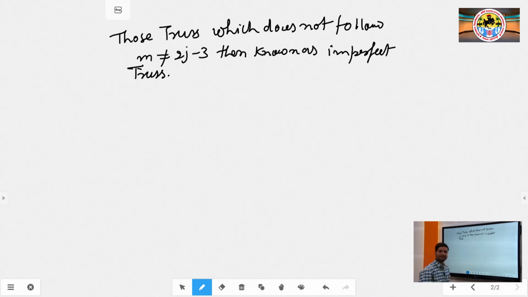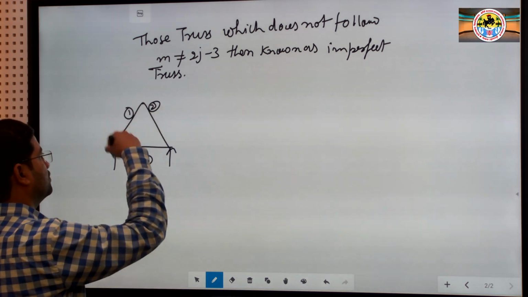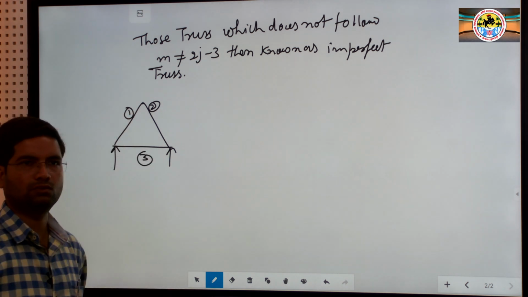So, let us take an example here. Suppose this is a truss which has a number of members. How will we identify the members? This is member number 1, this is member number 2, and this is the third member of the truss, and the combination of these 3 members makes a structure, and that whole structure is known as a truss.